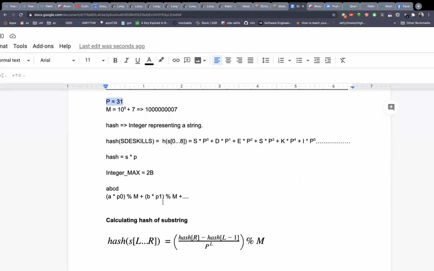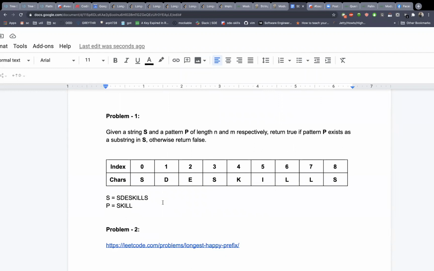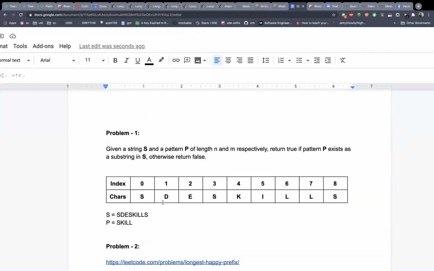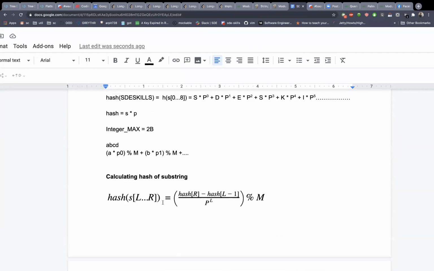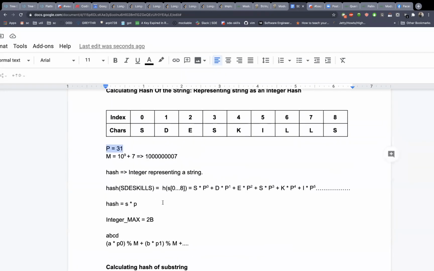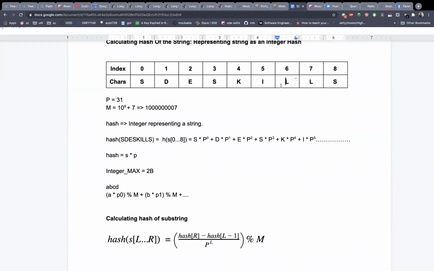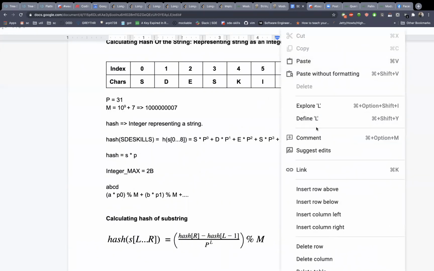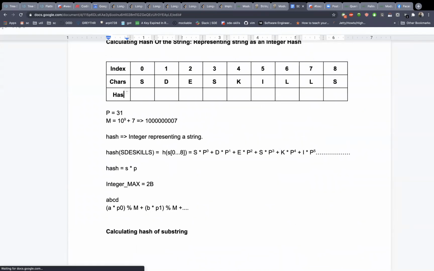Now the problem that we will see is okay. Oh, sorry, I think I have missed one section: calculating hash of substring. Now we have seen how we calculate the hash of an entire string. What we do is we create one array of integers, the hash array.